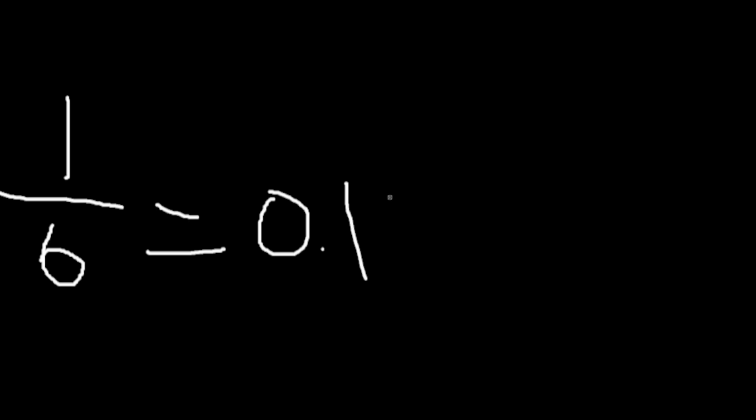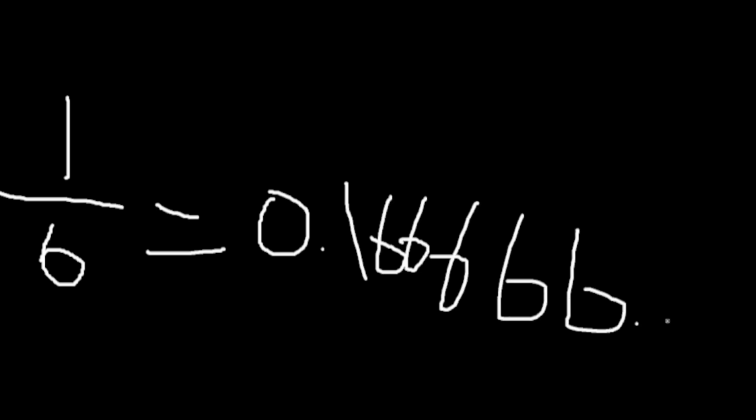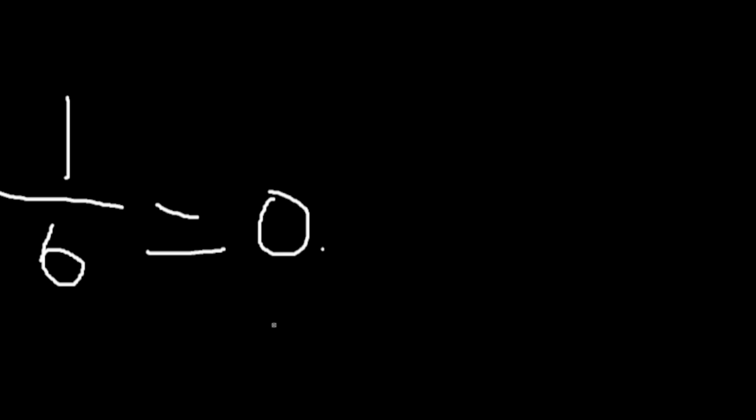Let's take another example. The example we use is 1 over 6. So 1 divided by 6 is equal to about 0.1666666, and so on and so forth. Now, how do you think we can use bar notation to represent 1/6 as a decimal?